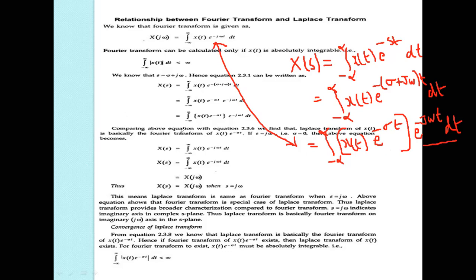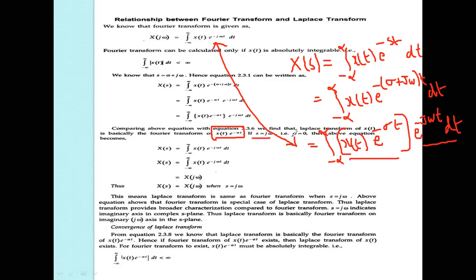Comparing the above equation with equation 2.6, we find the Laplace transformation of x of t is basically the Fourier transformation of the signal x of t e power minus sigma t.